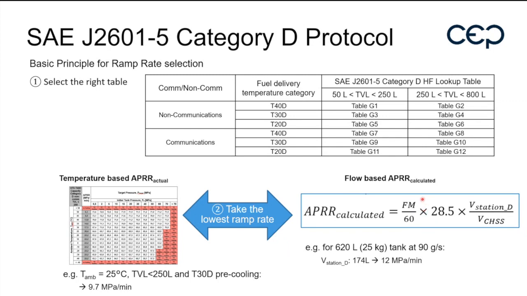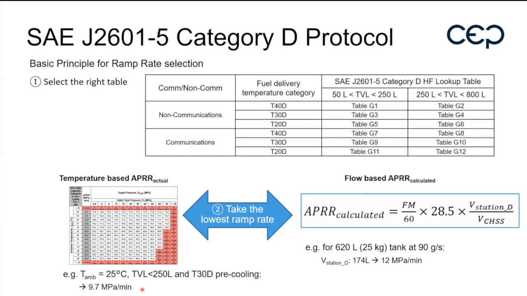But if your vehicle says that it's allowed to receive up to 90 grams per second, then it becomes 1.5 times faster. So for example, we have a 25 kilogram vehicle with 90 grams per second. Then you put this into the formula. Usually we always take 174 liters as V station D. And then the result is 12 megapascal.